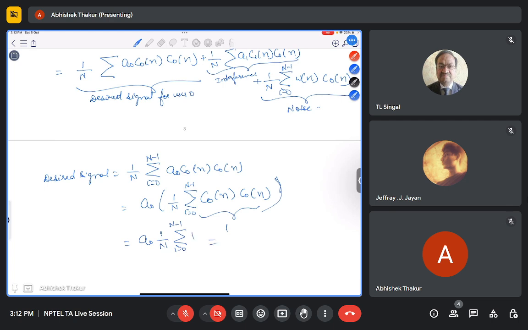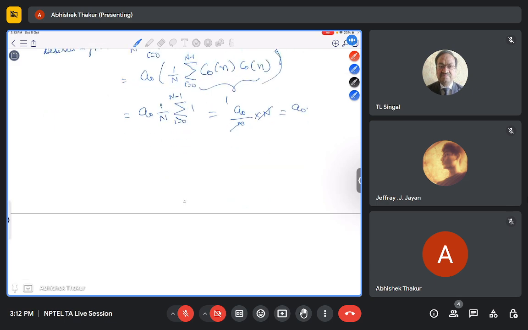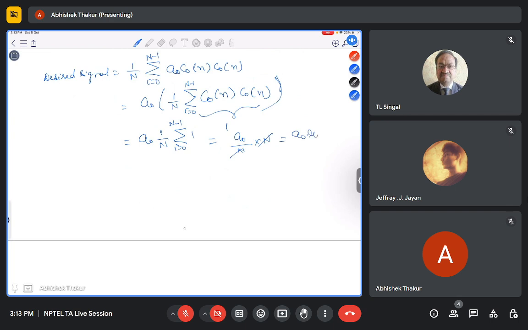After summing 1 for N times, it will become N. So it will be A0 by N times N, so it will be A0. Now the interference part, we can write as A0 R00[0], which is the autocorrelation of the spreading code C0[n] of user 0.